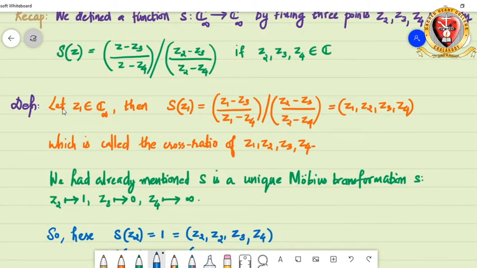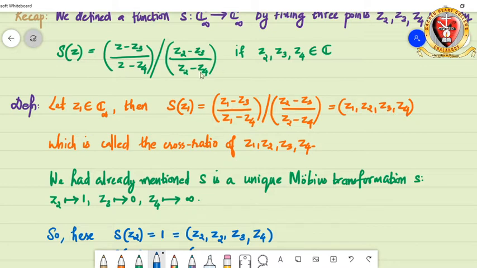Suppose z1 belongs to the extended complex plane and we are substituting for this z the point z1. Wherever there is z, you replace it with z1. So the fraction you now obtained is denoted as the ordered quadruple z1, z2, z3, z4.